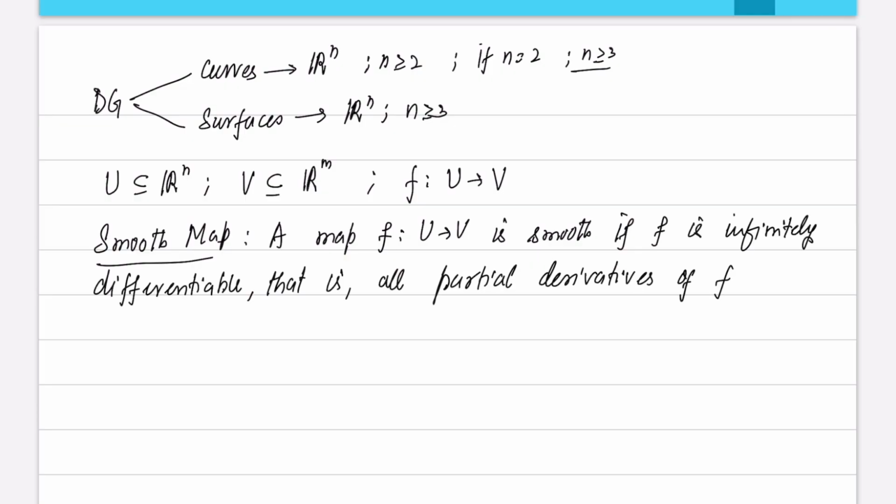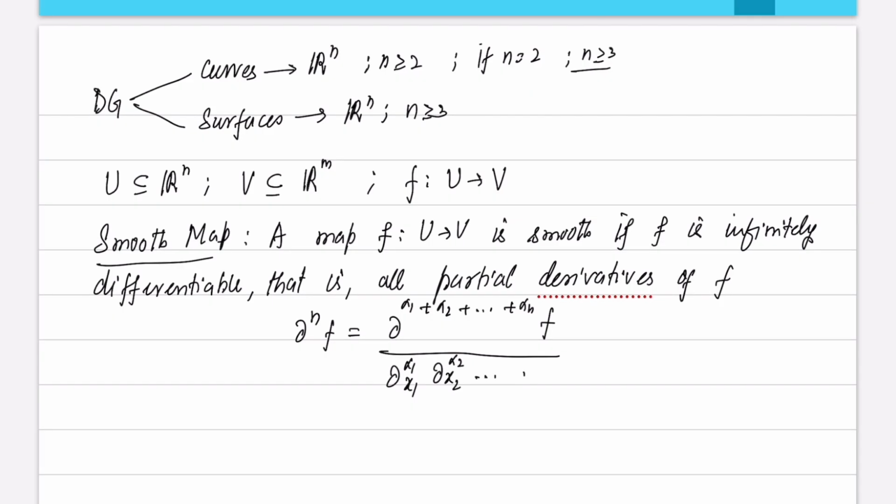That is, all partial derivatives of f, which we shall denote by del alpha f, defined as del to the power alpha 1 plus alpha 2 plus so on plus alpha n of f with respect to the n variables: del x1, the derivative of order alpha 1; similarly with respect to x2, the derivative of order alpha 2; and so on with respect to xn, the derivative of order alpha n, where alpha is (alpha 1, alpha 2, ..., alpha n).